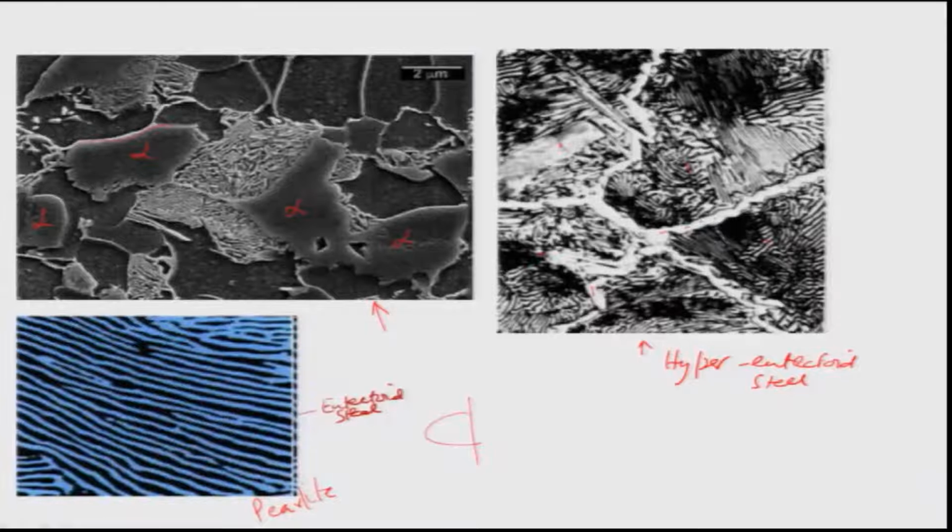Perlite is very easily discernible from the microstructure. On the right side you have hypereutectoid steel, in which primary cementite has formed along the grain boundaries, in a very small volume percentage. Within the prior gamma grains, what you have is perlite, a typical lamellar microstructure. That is what you see in these grains, correct.